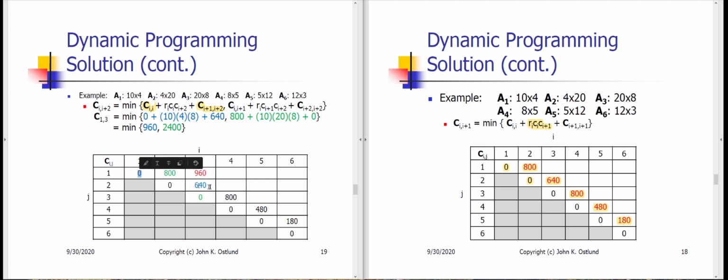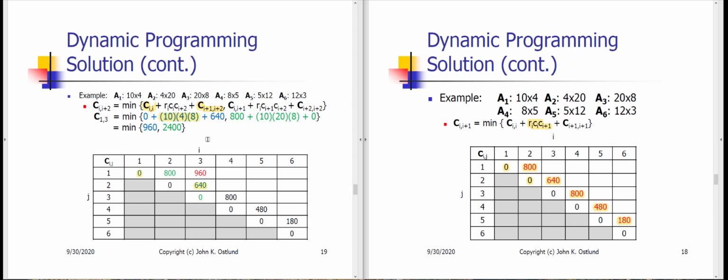So notice that in my two-dimensional array that's storing the necessary values, I'm looking at C sub 1,1 plus C sub 2,3 plus this product 10 times 4 times 8.